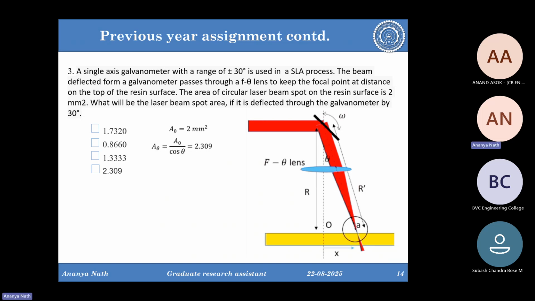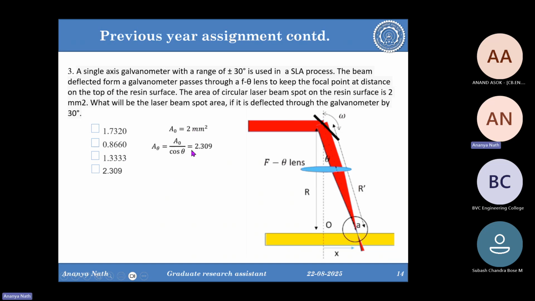Now, to keep the focal point at a distance from the top of the resin surface, and this is the height, which is R, the area of the circular laser beam spot on the resin surface is 2 mm square. What will be the laser spot area if it's deflected through the galvanometer by 30 degrees?